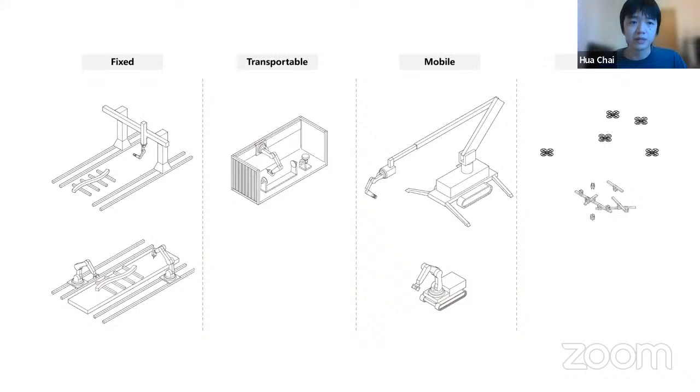And we can see the construction process is already being redefined by these robot platforms. Common types of platforms are the fixed platform, like the gantry robot system, and also transportable and mobile robots, and even swarm robot systems.